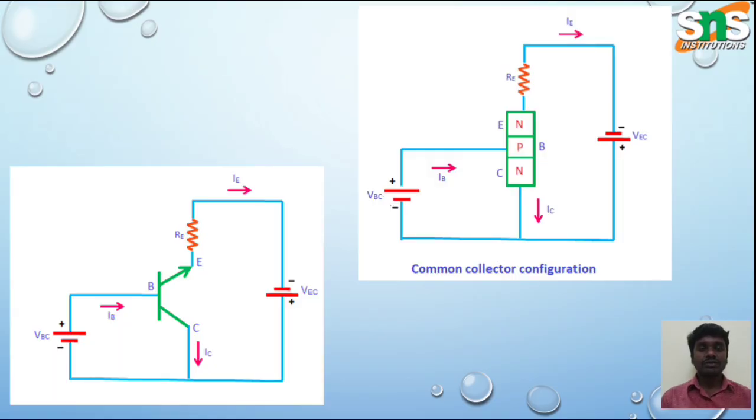This is the circuit diagram for the common collector configuration. Here the collector is common for both the base and the emitter. One end is connected to the negative of the power supply, and the other end is connected to the positive of the power supply VEC.